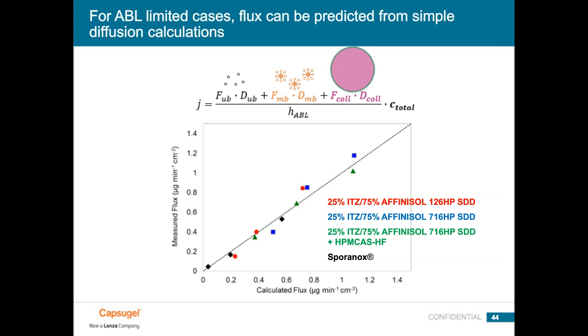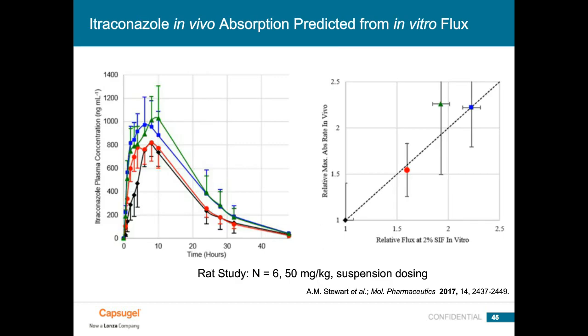And so the idea was to go and see how this plays out in vivo. And in a rat study dosed at 50 mg per kg, we see that in fact the difference in AUC between the different formulations is measurable, but not as extreme as what we see in vitro.